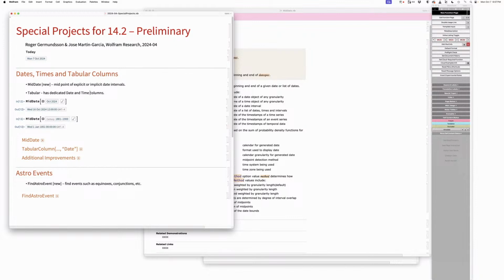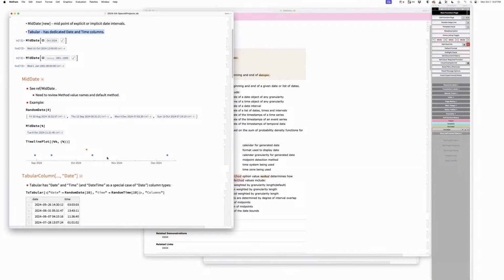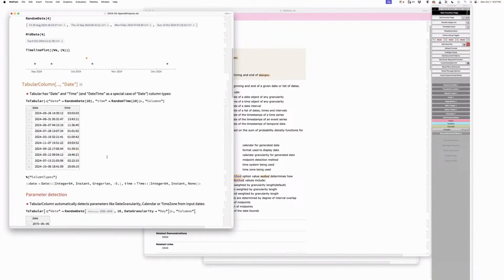Tabular has a dedicated subsection. Oh, I didn't even look at this. So here we wanted to present the types that Nick and Rob have been working on for dates. And so there is a date type and a time type. And then there is a date time, which is a special case of date when we have full instant granularity.